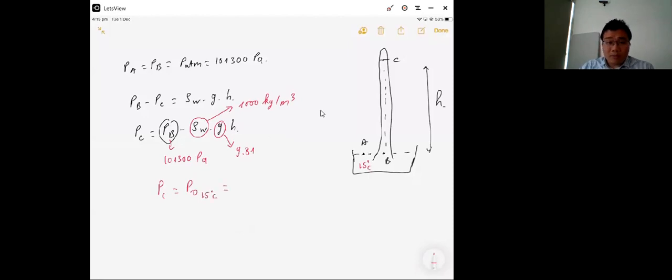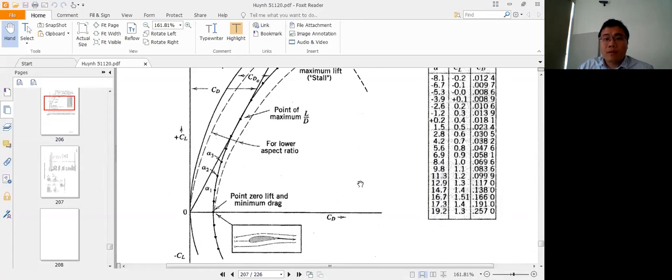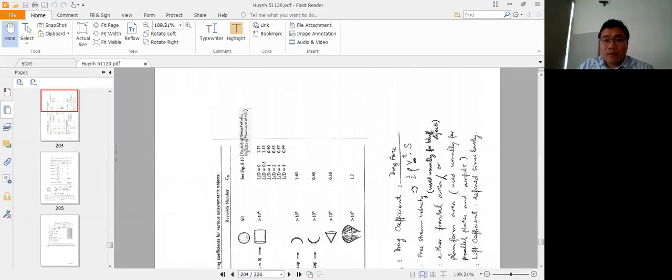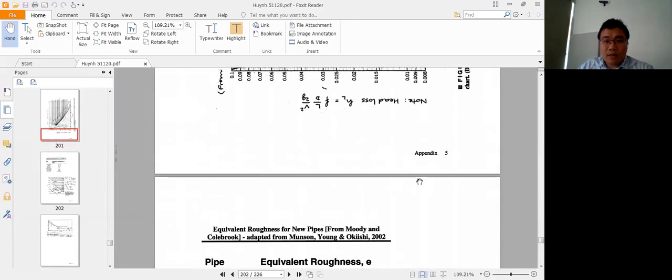And this one you can double check in the table of vapor pressure of water.